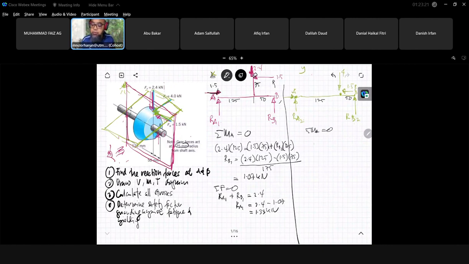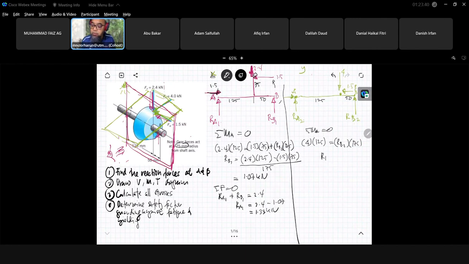So 4 times 125 equal to RB2 times 50 plus 125, 175.